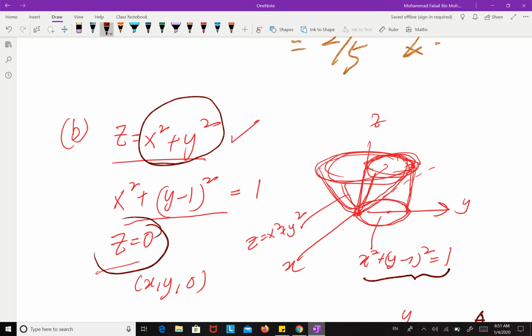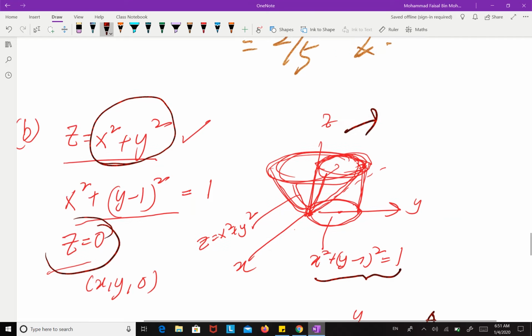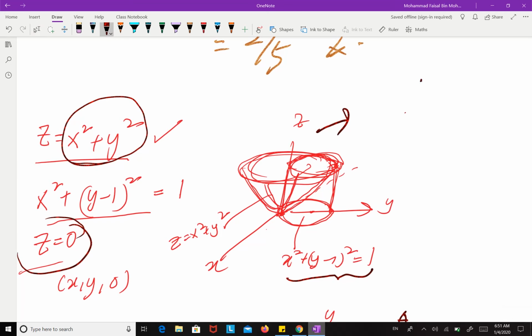If I cut this, somehow you will get something like this.